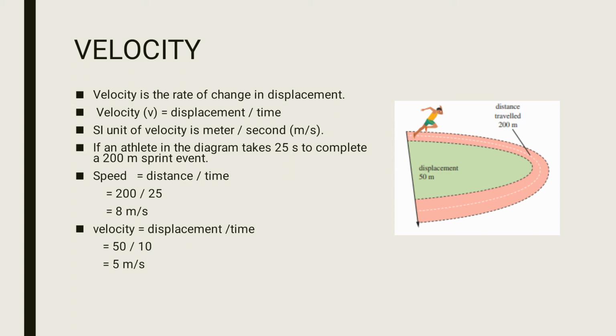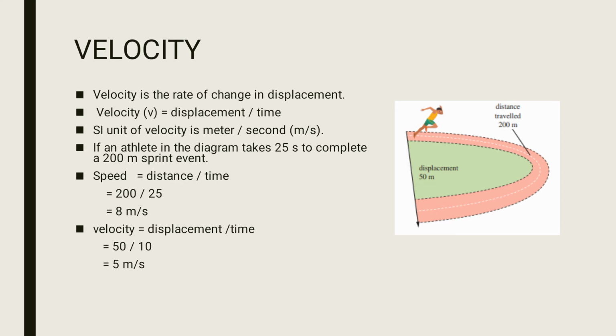So, velocity is displacement by time. Here displacement is 50 meters and time is 10 seconds. So, as formula we can apply it as 50 meters by 10 seconds, which gives 5 meters per second. So, the velocity of the athlete is 5 meters per second.